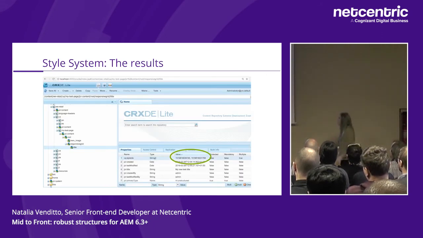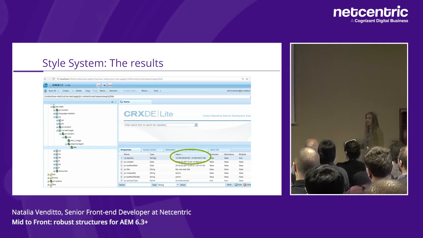Again, how did this work under the hood? I'm just a front end developer, I wanted to see how AEM was implementing this. So when I went to the node in the content, the title, I saw that it had these CQ style IDs, some numeric identifiers, but I didn't know where to look for them in the repository.